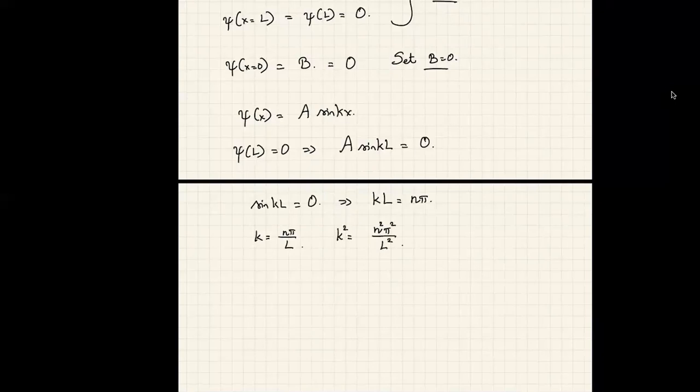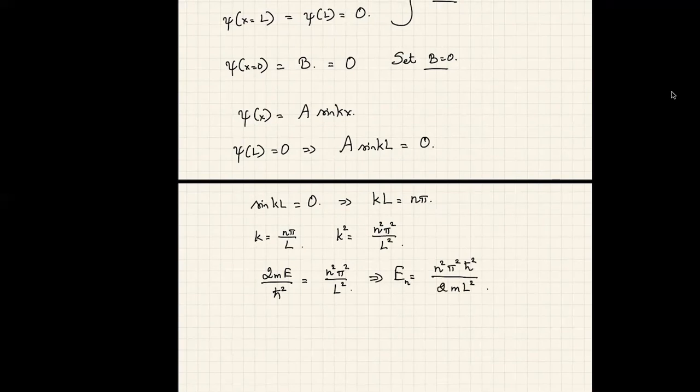But k square for us is nothing but 2mE over h bar square, and this has to be equal to n square pi square over L square. This tells me that the energy of the particle E is not some continuous number, but it is actually discrete. So I'll call this E sub n, and this is equal to n square pi square h bar square divided by 2mL square.